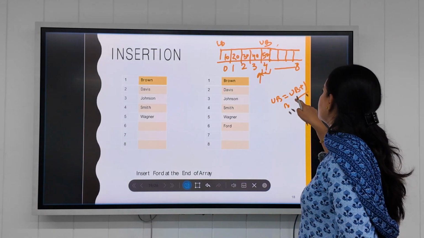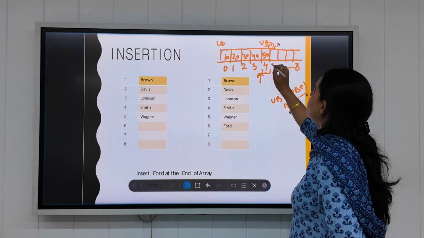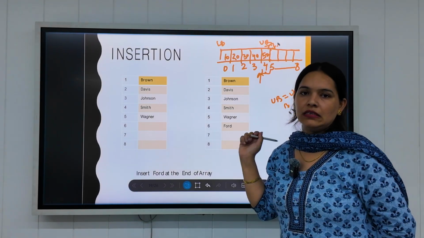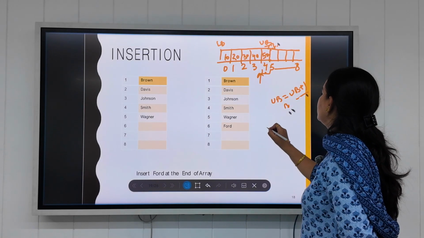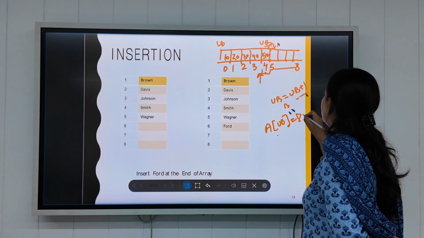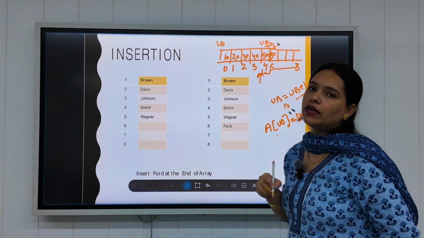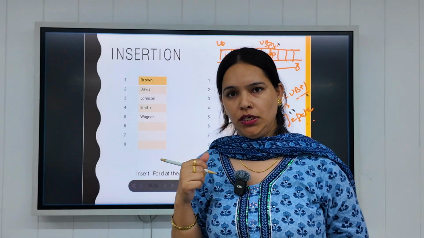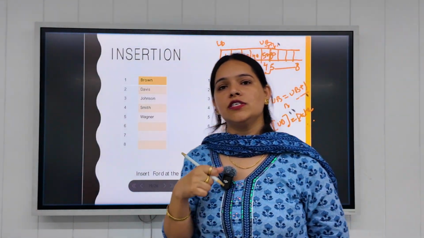After doing UB equals UB plus 1, my new UB will represent the next memory location which I assigned this time. So we can add data at the new UB. Let's suppose I want to add 60, I will directly add 60 to this particular location. This is the process of insertion at the end.